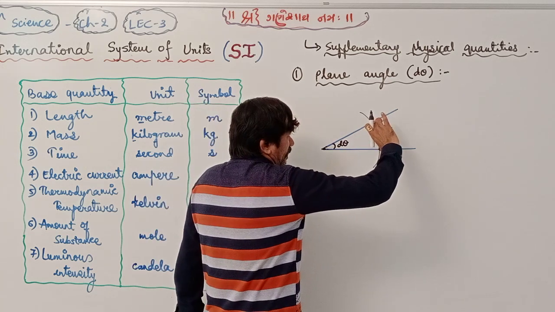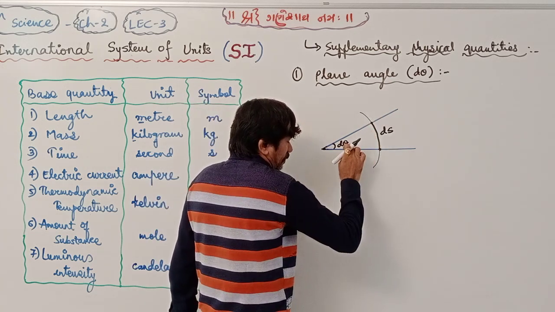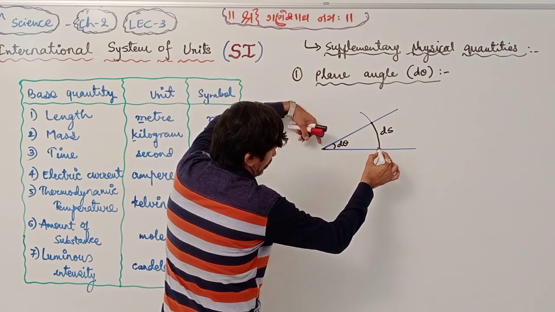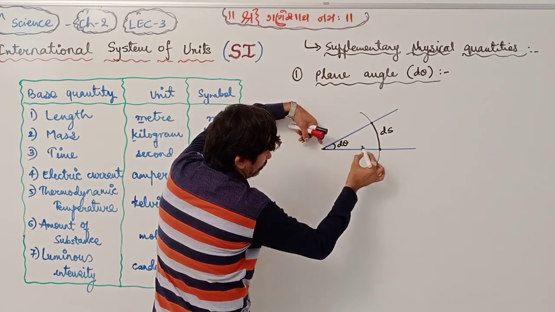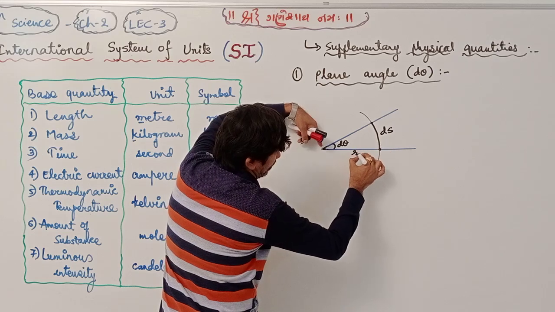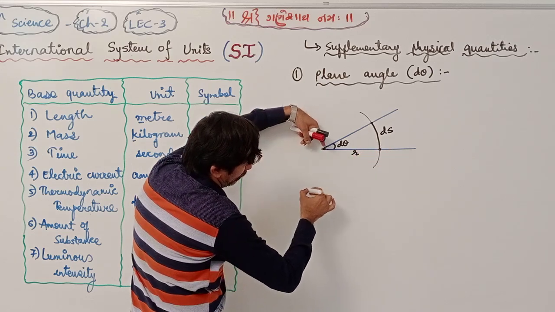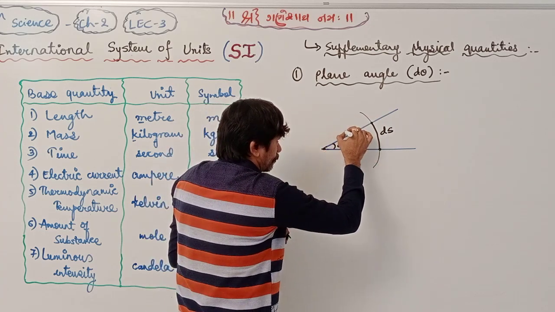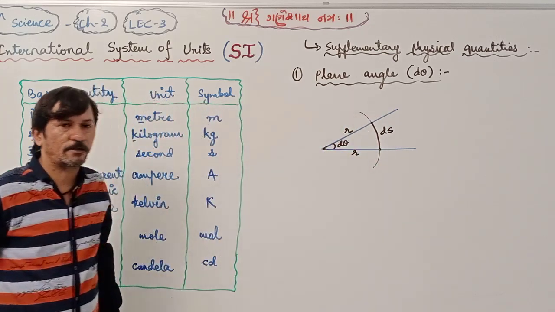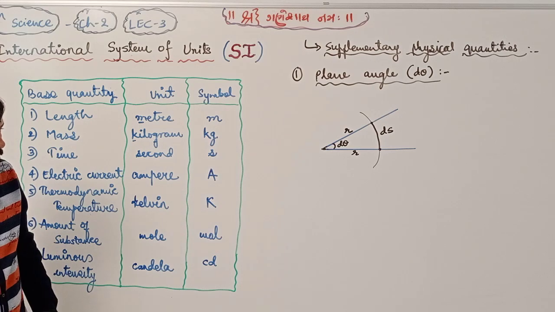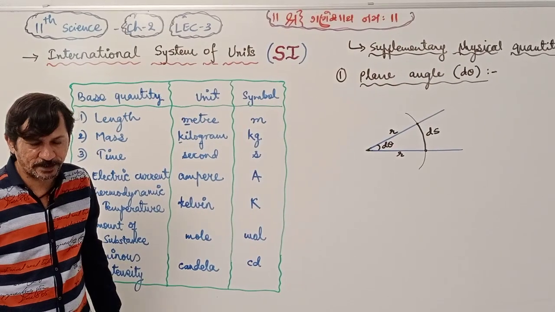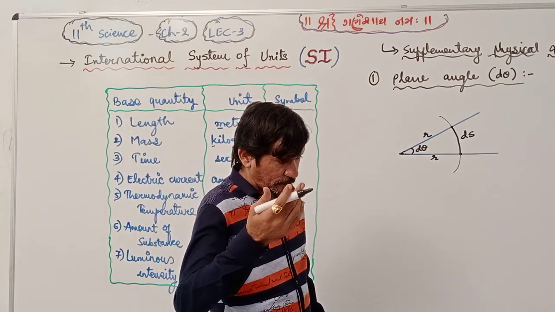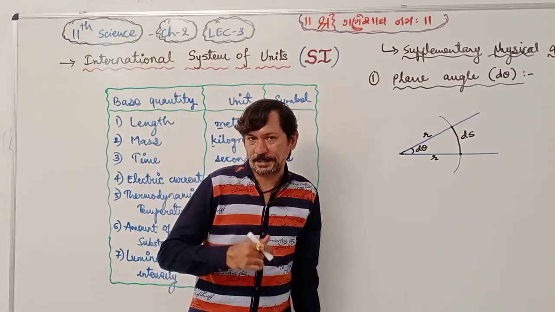So ds is the length of the arc, d theta is angle, and you can see that the distance between these 2 points is radius. Here is the circle. So this length is radius. If you understand the diagram I have drawn, then you are able to understand the definition of a plane angle.